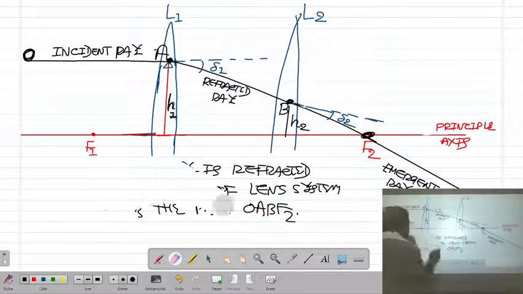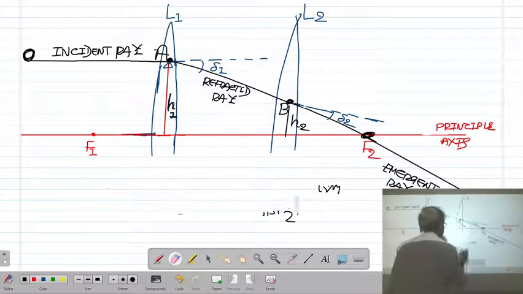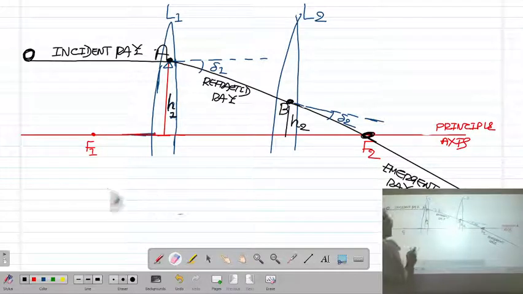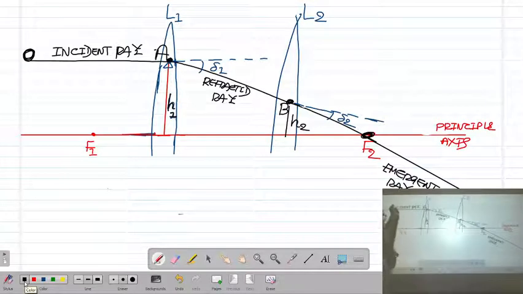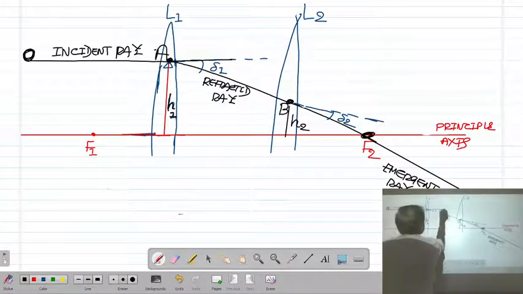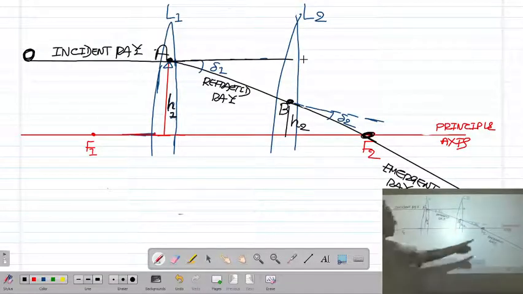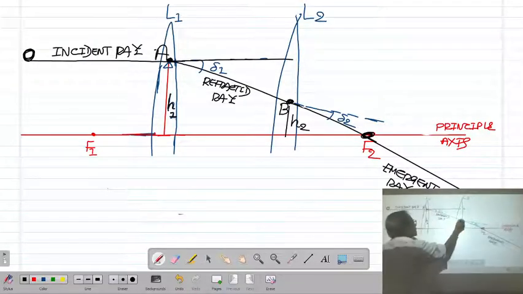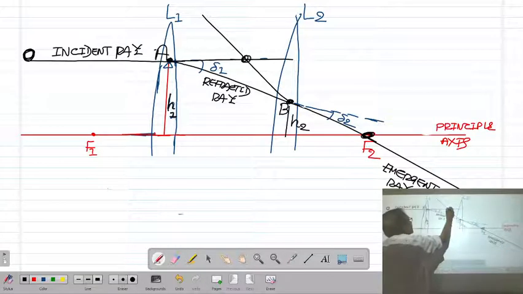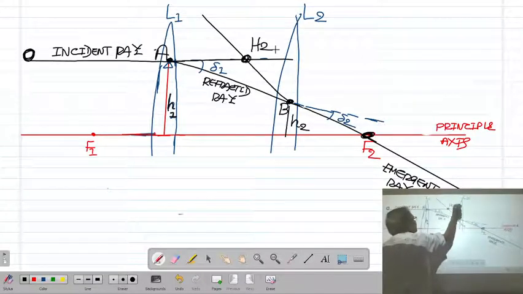Now we define what is the principal point.